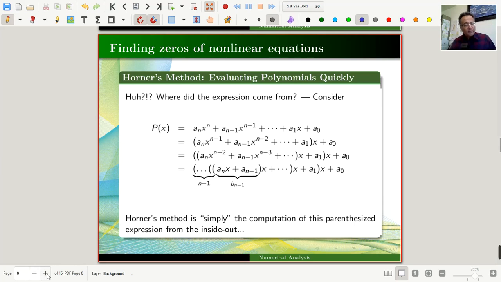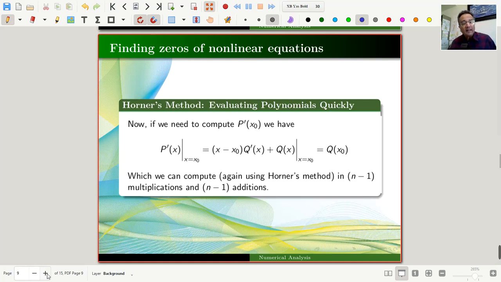But let me forget about the theory of the Horner method, and let me show you a relation between p prime of x0 and the Horner method. If we want to use the Newton method, we will have x(n+1) equal to xn minus p of xn over p prime of xn. So we need p of xn and p prime of xn.